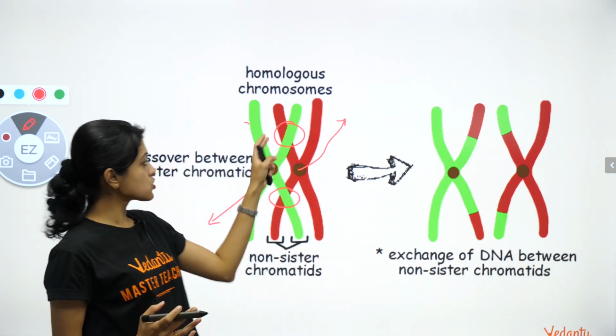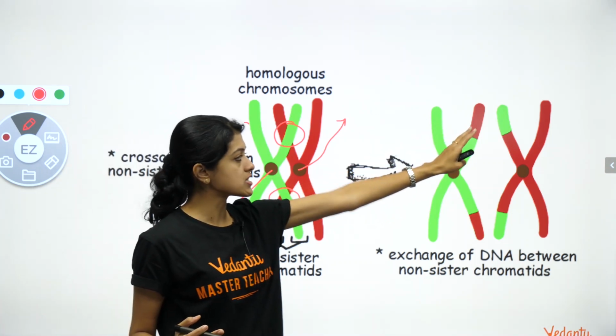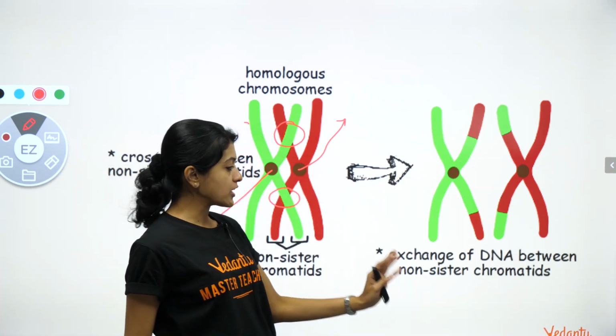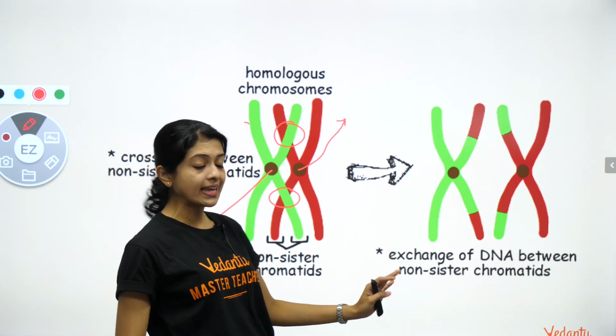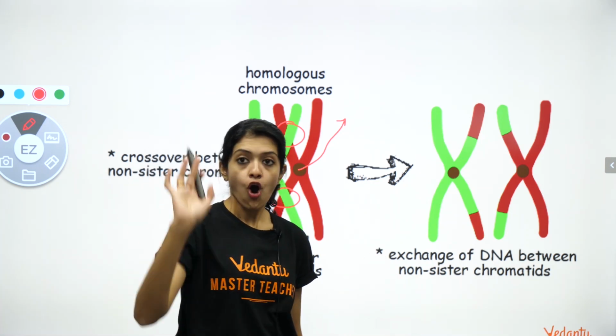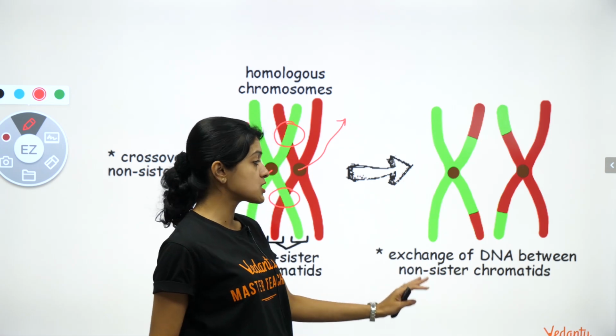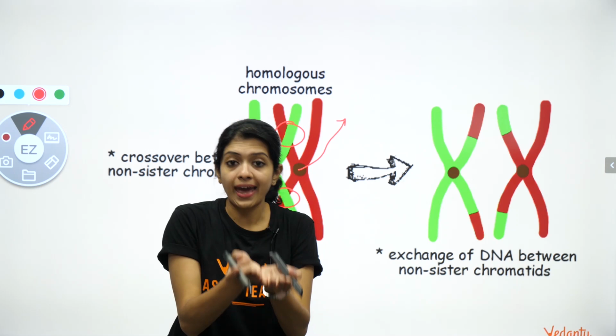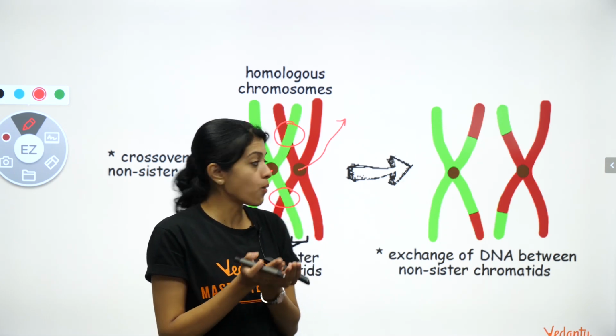Just imagine it like this. One piece of this is removed and fit into this. Okay? Picturize it like that. It will be much easier for you to understand. It's basically exchange of genetic information or exchange of DNA that happens between non-sister chromatids of a pair of homologous chromosomes.